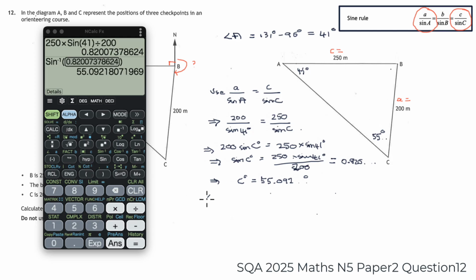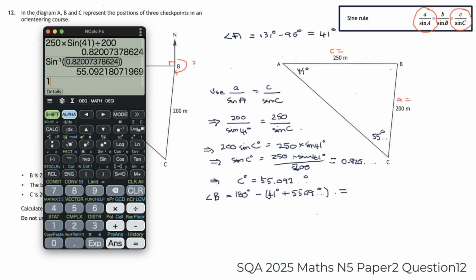So to get angle B, we would take 180 degrees and subtract the sum of the 41 degrees and this 55.09, etc. So let's do that on our calculators.